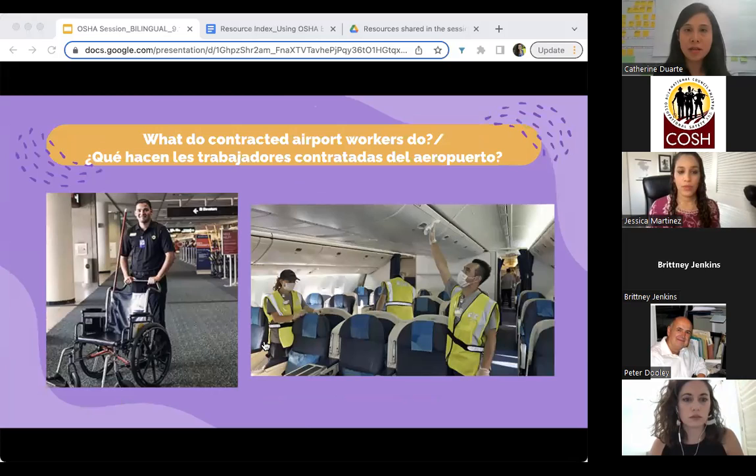So for this presentation, I wanted to focus on our airport campaign in South Florida. To give you more context on who these workers are, they do work such as cleaning the plane cabins, pushing people in wheelchairs, and carrying luggage, etc. There's a lot of work they have to do so that the airport and the cabins are working well.